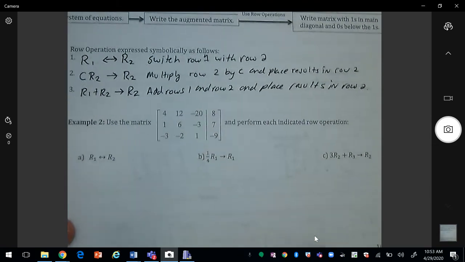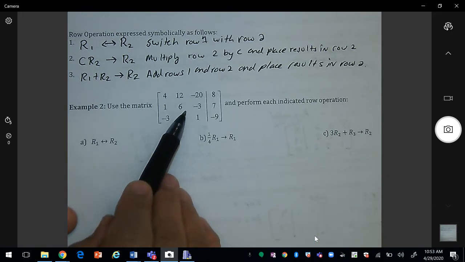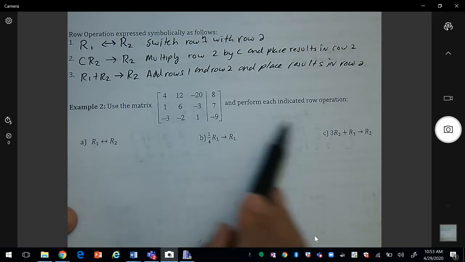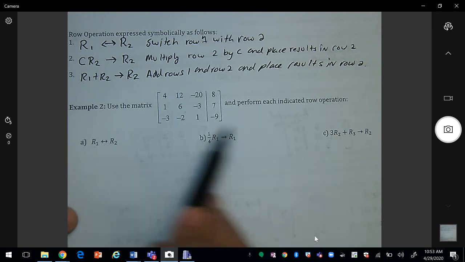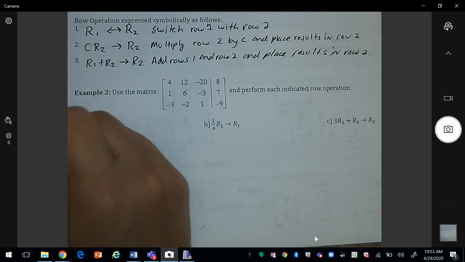Okay, so let's use this matrix here as an example. So we're going to use this matrix for each of these A, B, and C. So for example 2a, row 1, switch with row 2.